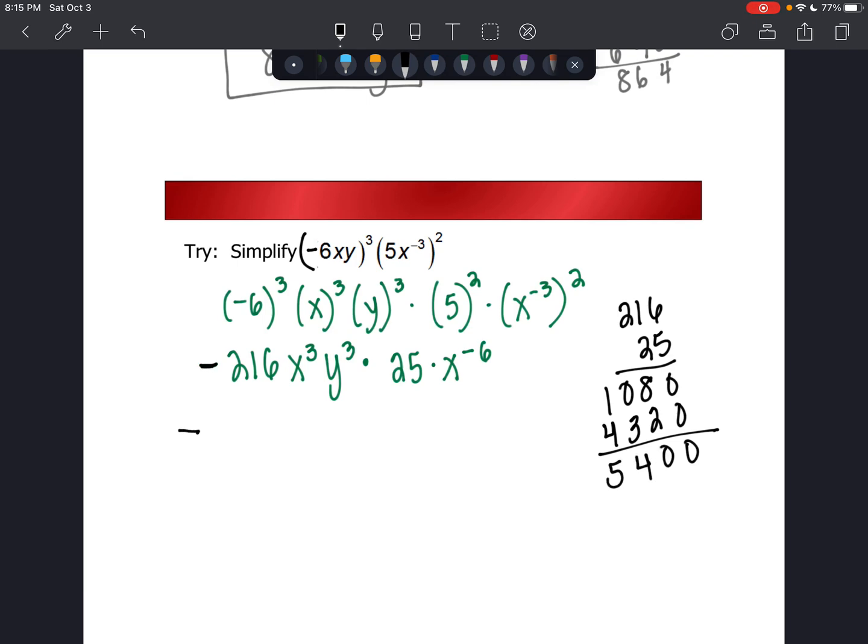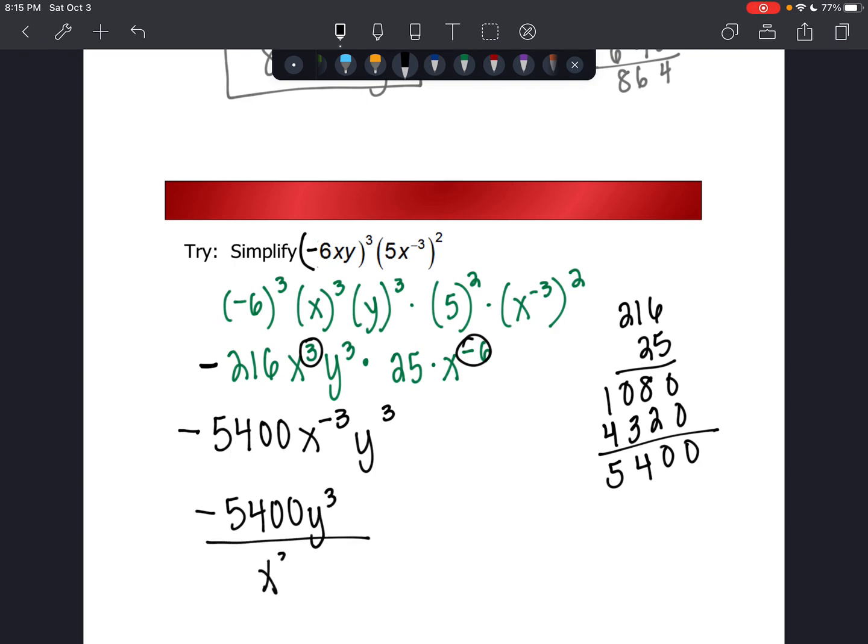So I get negative, because I have that negative here, negative 5,400, and then x to the negative 3. 3 plus negative 6 is negative 3, y cubed. I'm going to make that exponent positive by moving that x to the negative 3 down to the denominator, and I get negative 5,400 y cubed all over x cubed.